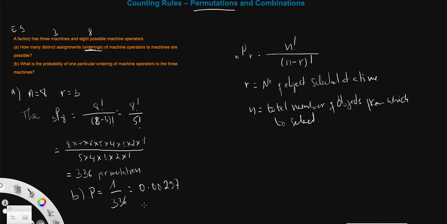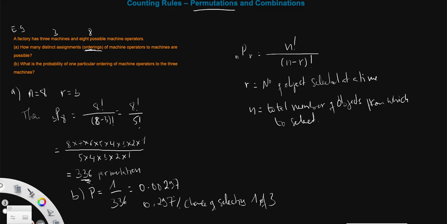In other words, we have a 0.297% chance of selecting one of the 3, because these are all the permutations possible. So this is a permutation.